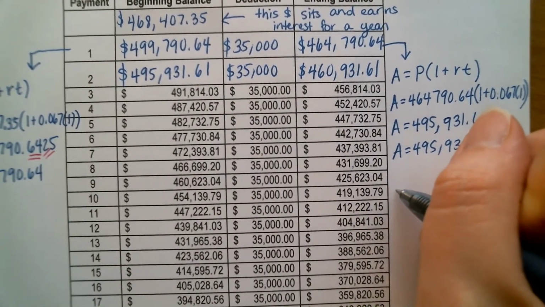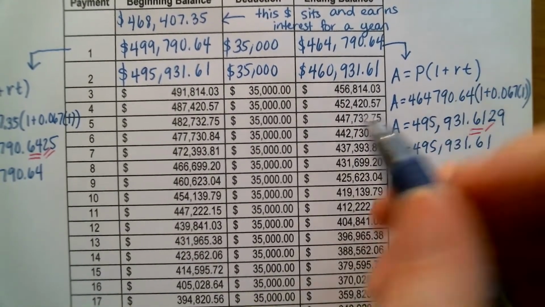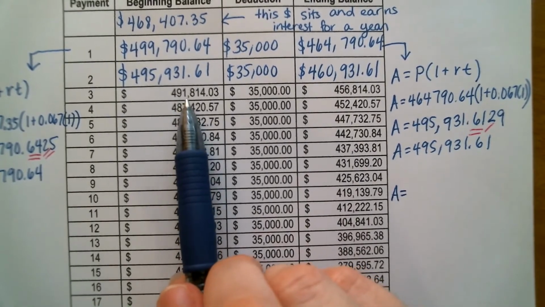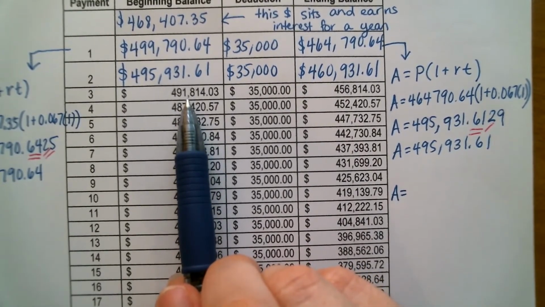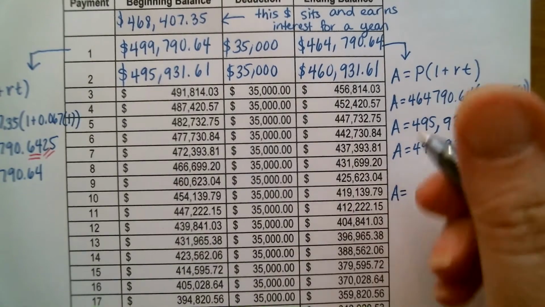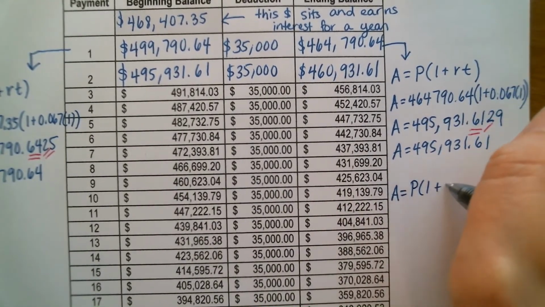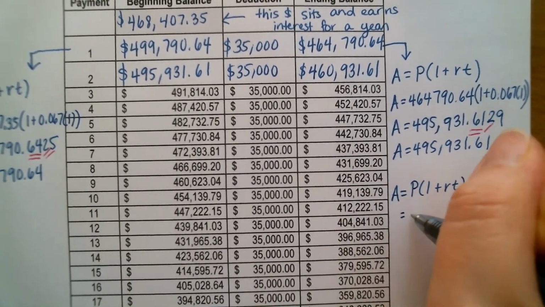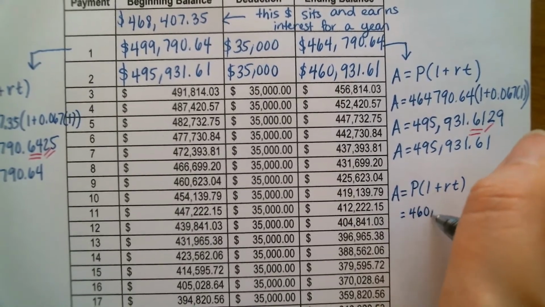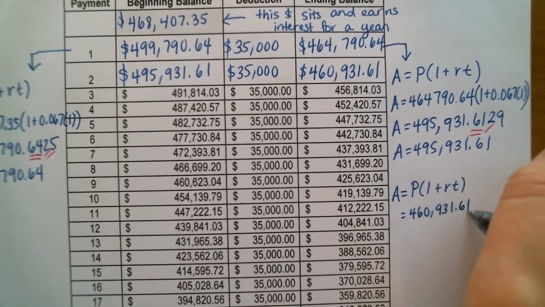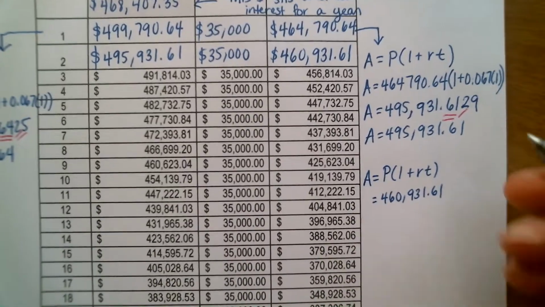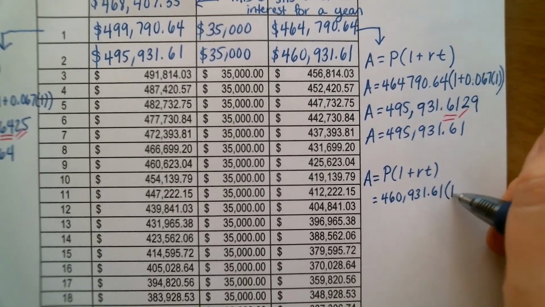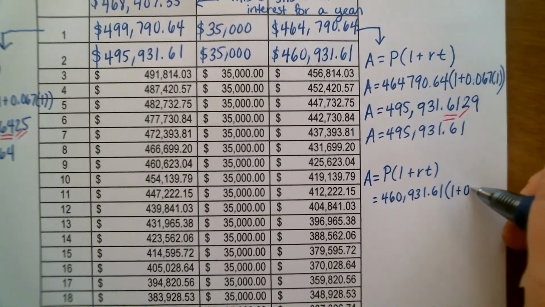So let's figure out how much is in the account before the third payment, which should be this figure, but let's talk about where this came from. You're going to apply your simple interest formula again. You've had $460,931.61 sitting in the account after the second payment, and it's going to sit there for a year and earn additional interest.